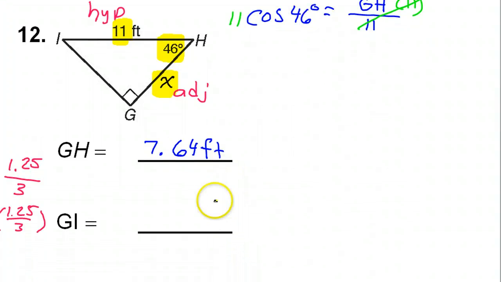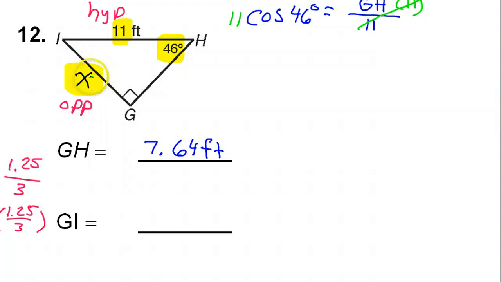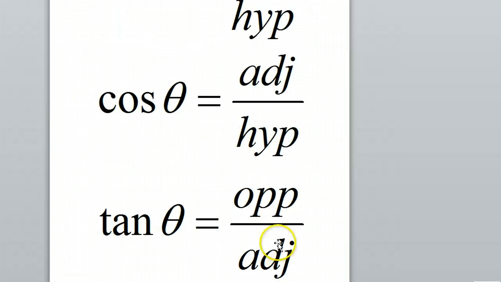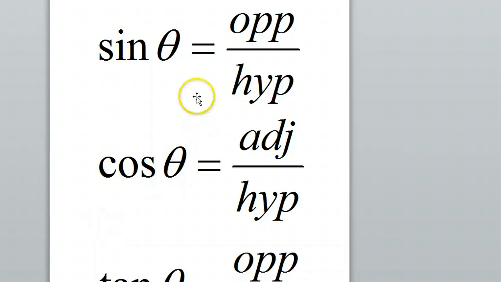Now, what about GI? GI is over here, so this is what we're dealing with now. From the perspective of the 46, this GI is opposite, because it's across from the angle. So I've got opposite and hypotenuse. Which function is that? That is the sine function, opposite over hypotenuse.